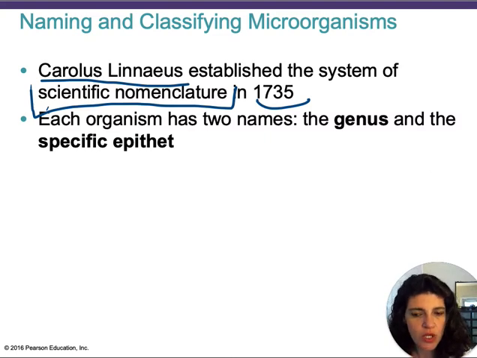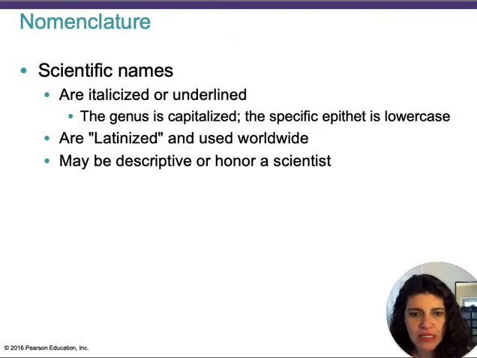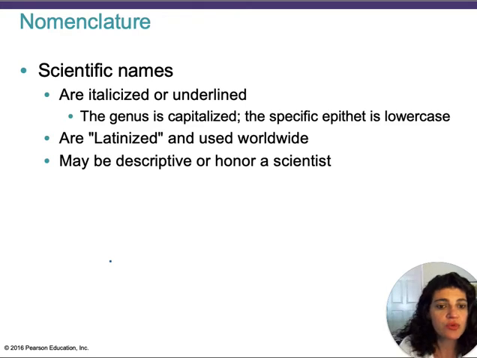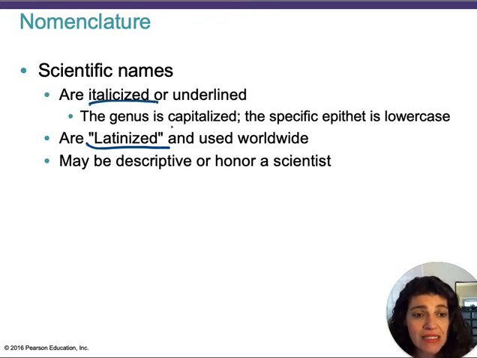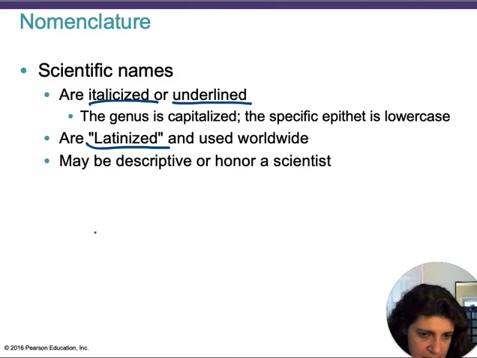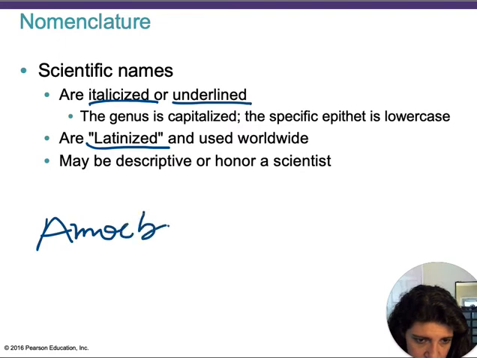You're like, what are you talking about? So let's define this. These names usually originate from Latin, and they're always italicized or underlined. For example, if I'm writing here, let's think about the name of a microbe, Amoeba proteus.